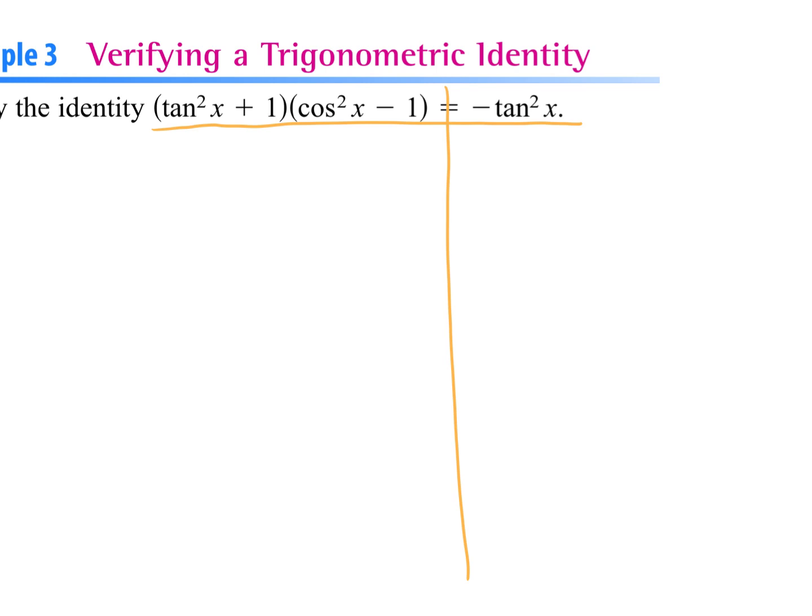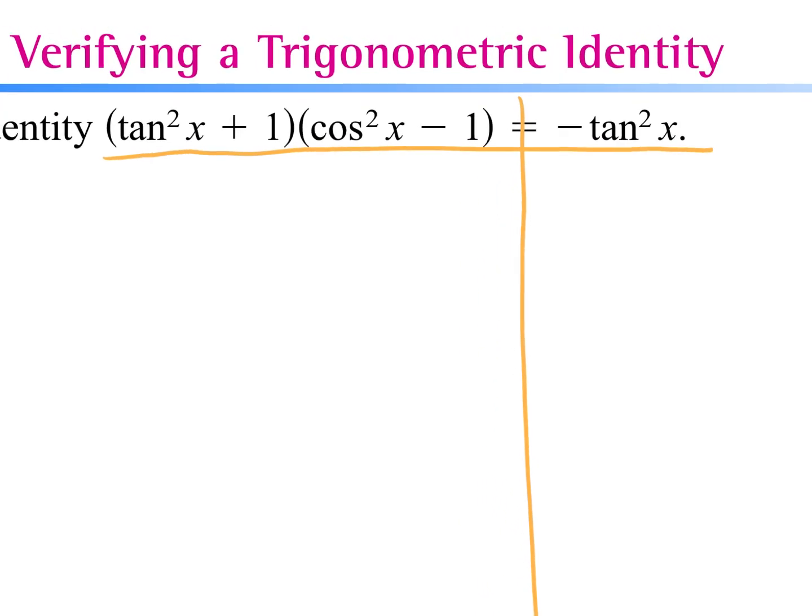The left side's a little bit more complicated, so let's work with that one first. What do you want to do first? So I can change this to be secant squared. Can I change the cosine squared minus 1 to anything? Awesome. Negative sine squared. What can I do next?